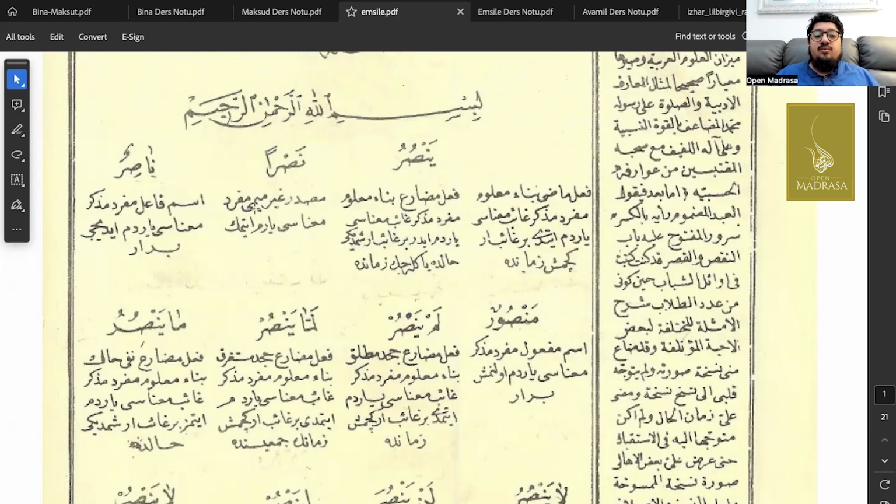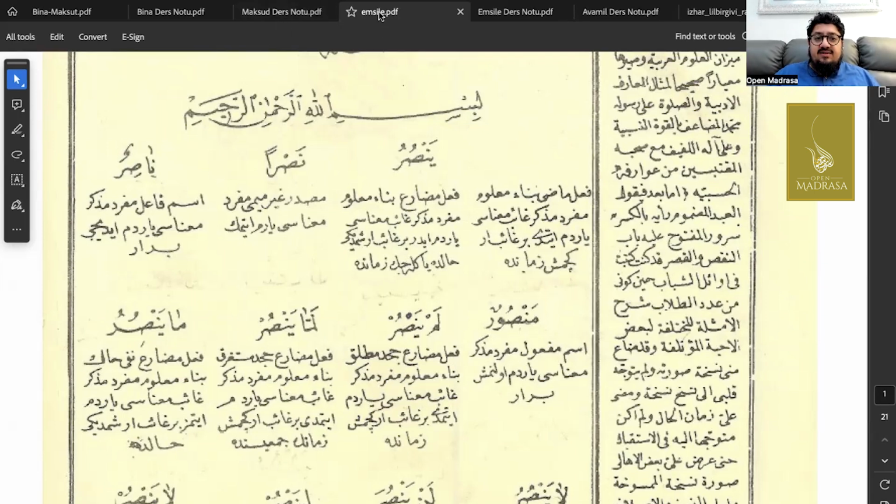Mastar ghair mimi mufrad manası yardım etmek. So nasran is mastar ghair mimi. Mastar mimi is a particular type of mastar, for those of you that know; if you don't know, that's fine. So this is the mastar which is not mimi, without the meem at the beginning. It's singular, ma'nası, what does it mean? Yardım etmek, which means to help.